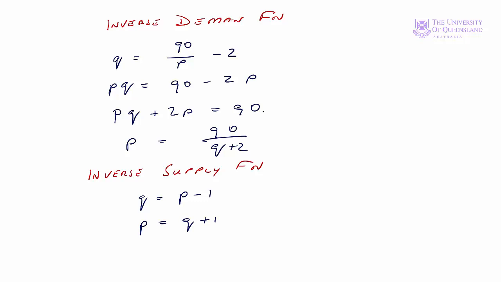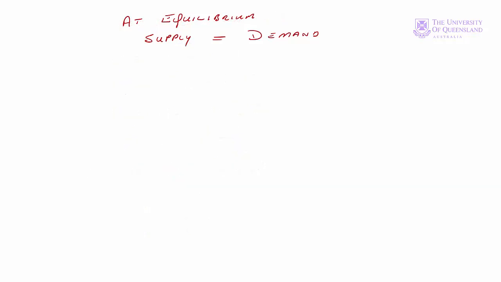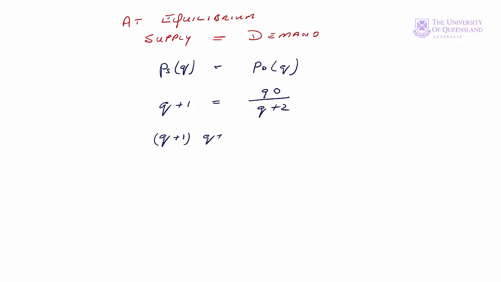Now we can solve for our equilibrium values of quantity and price. We have our equilibrium condition: our inverse supply function, Ps of Q, is equal to our inverse demand function, Pd of Q. Q plus 1 is equal to 90 on Q plus 2. That implies Q plus 1 times Q plus 2 is equal to 90.